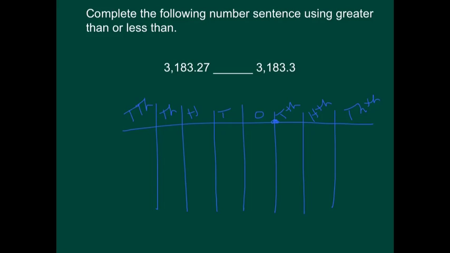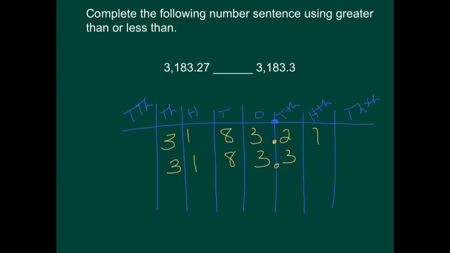Now we're just going to place both numbers inside. 3,183 and 27 hundredths, and 3,183 and 3 tenths.